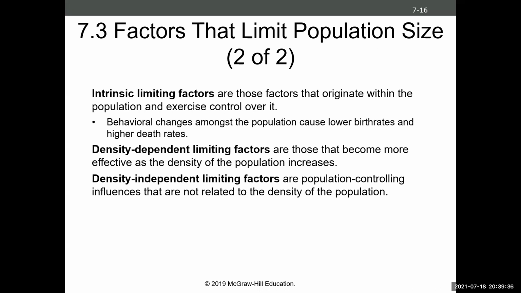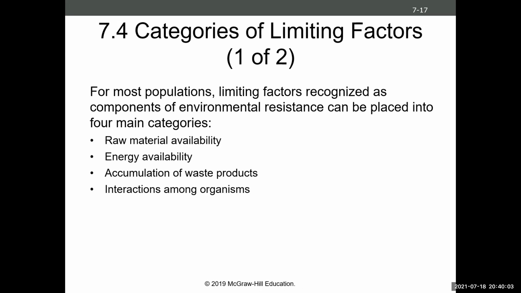So like maybe mosquitoes do better when there's more water, and so in wetter years, you would have larger mosquito populations than in drier years. And so the population size has nothing to do with density. It has more to do with the availability of water, because that's what they lay their eggs in, is water. And so you have those density dependent versus independent limiting factors.